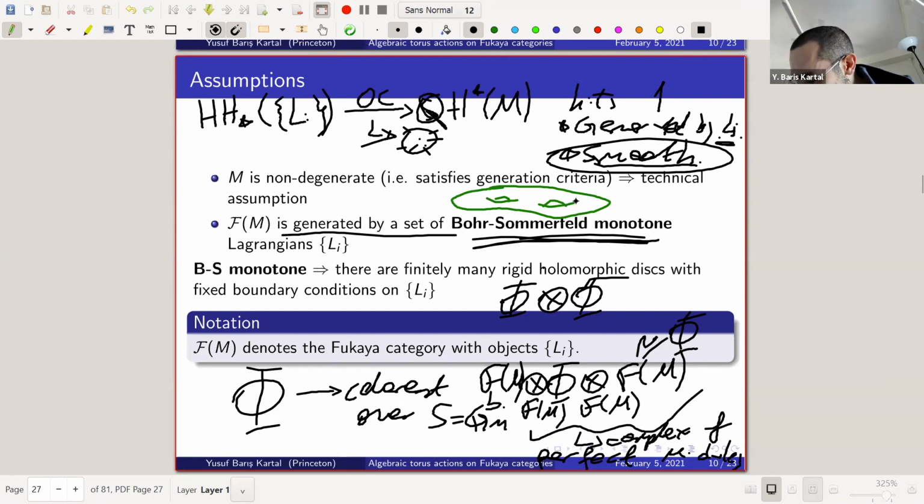But let's see. I'm taking these Lagrangians, and probably this, but I think I may need to add this one too, the non-separating curves here.